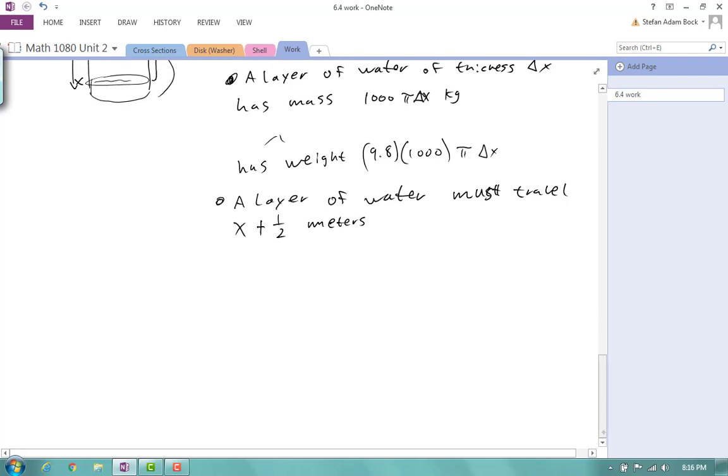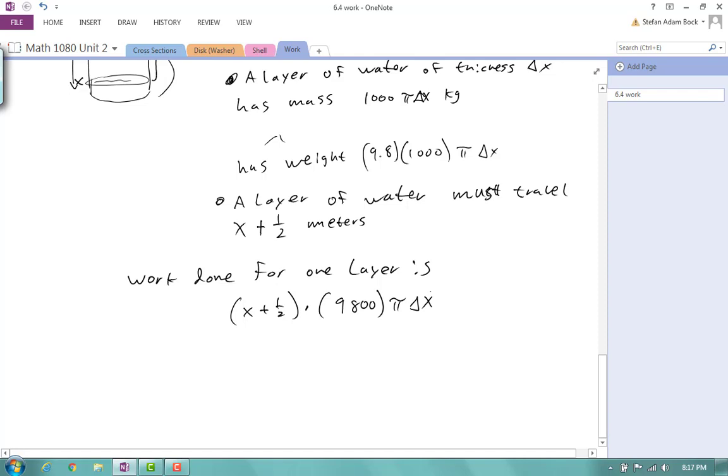So the work done in lifting this layer of water is the distance multiplied by the force. Well, I'll go ahead and call this 9,800, multiply those two together, times pi times delta x.